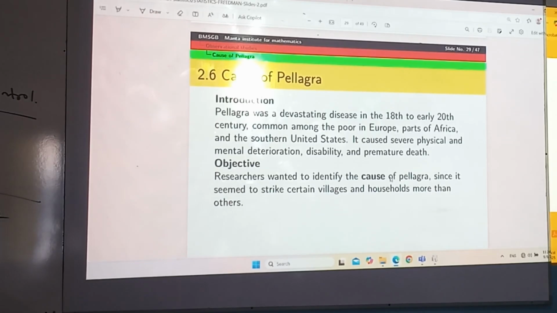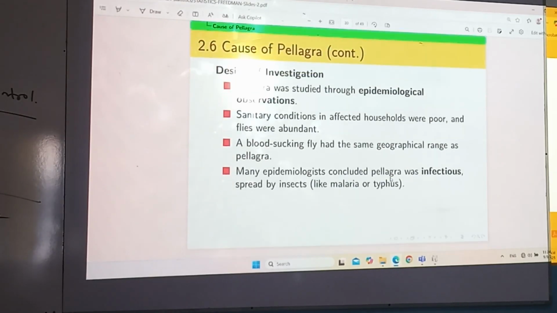So the objective of the study was to find out the variables associated, actually to find out the cause for this particular disease. But the study was an observational study. So design and investigation. This was epidemiological observations, that is again an observational study.